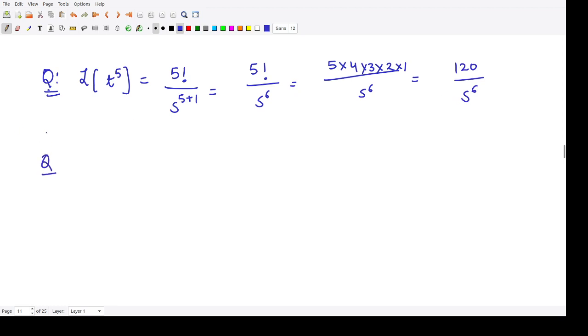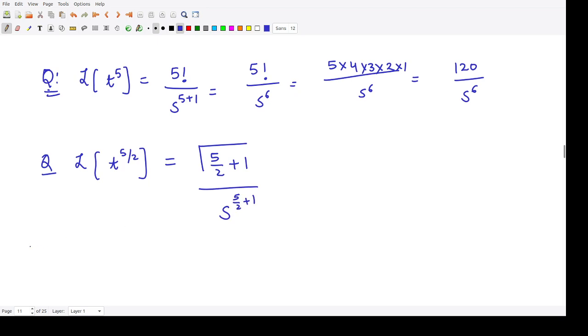Now let us see another question. What would be the Laplace transform of t to the power 5 by 2? Because this is a fraction, we would use the other formula: the Laplace transform of t to the power n is gamma of n plus 1 divided by s raised to power n plus 1. Here n is 5 by 2, so we have gamma of 5 by 2 plus 1 divided by s raised to power 5 by 2 plus 1.